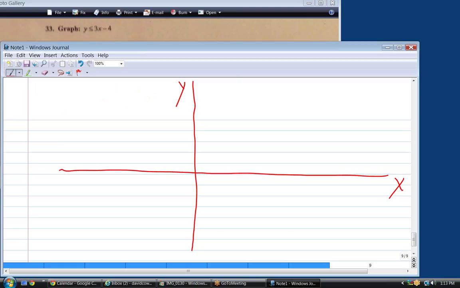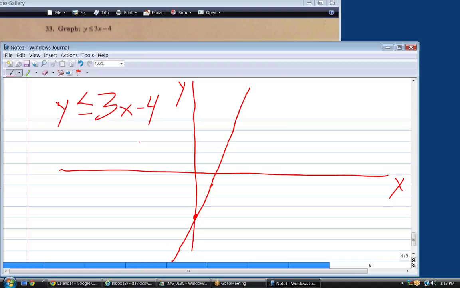So how do I graph y equals 3x minus 4? You'd start at negative 4. Then you'd go up 3 over 1 to the right. Okay. Now we deal with the fact that it's not an equation, it's an inequality.